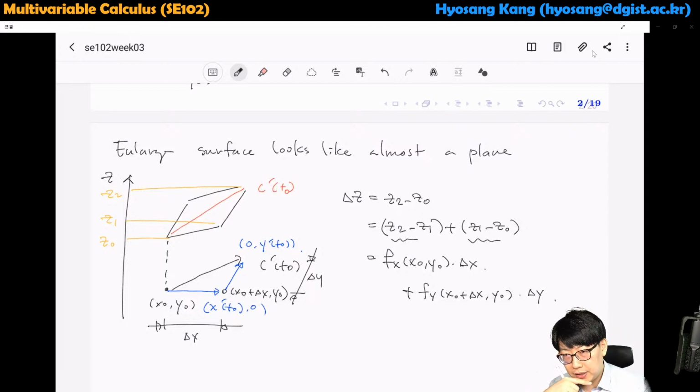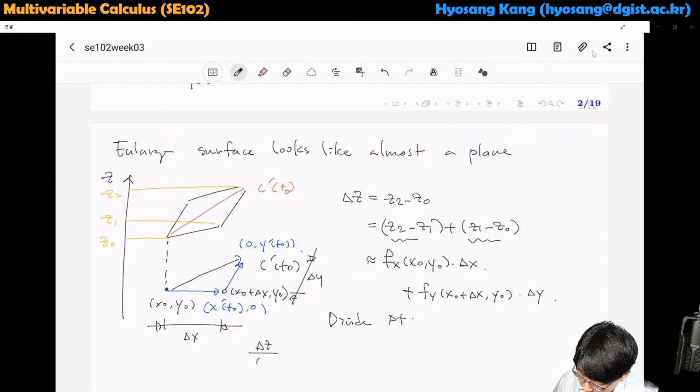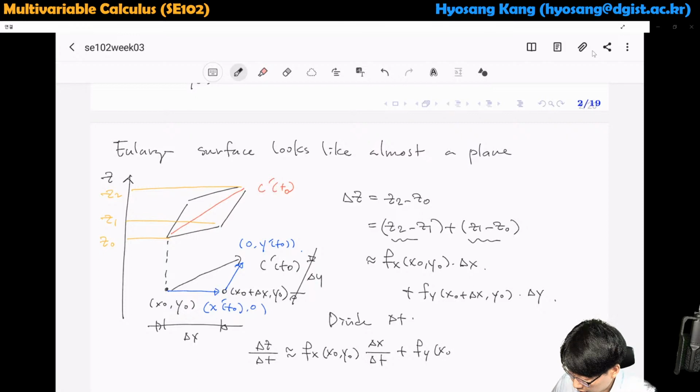And let's think about the difference of time again. So if you divide by delta t, and also this is not actually equal because this gives only approximate change. So when we divide delta t on the left and right hand side, you get fx at x0, y0, delta x over delta t, and fy at x0 plus delta x and y0, delta y over delta t.